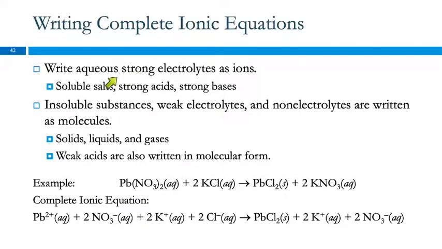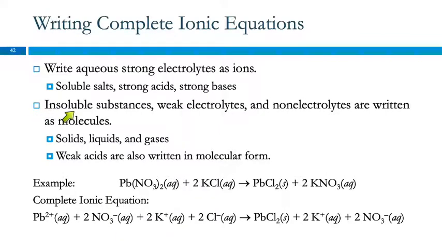So anything that's an aqueous strong electrolyte is going to be written as separate ions. Separate ions have charges, those need to be included. So these would be soluble salts. Salt is just another word for an ionic compound. Strong acids and strong bases.